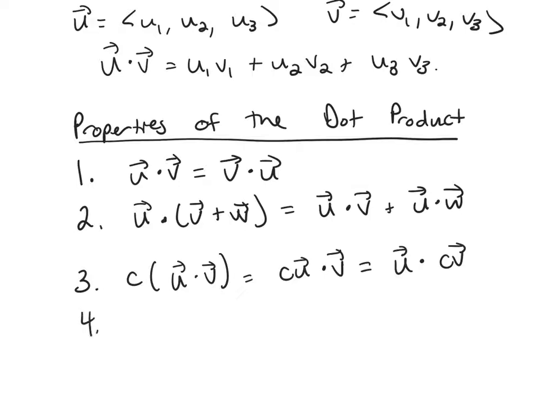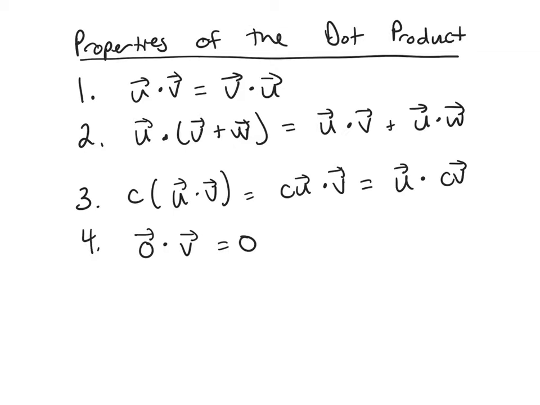If I take the dot product of the zero vector with any other vector, you get 0. And the last one is that if I take the dot product of a vector with itself, you get the magnitude of the vector squared.